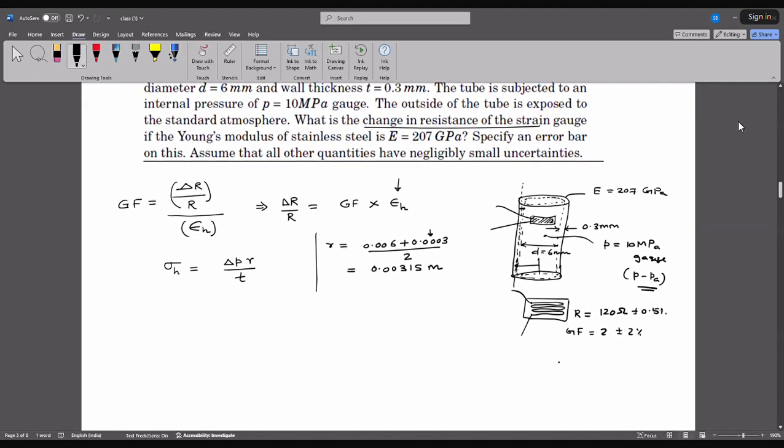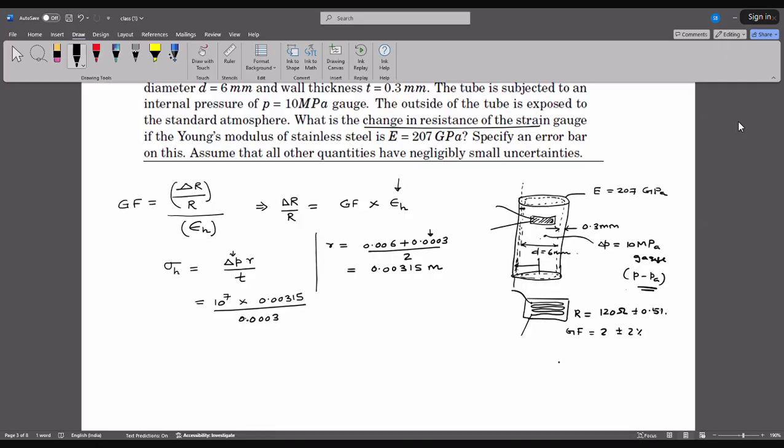Now you know the delta P. This is basically the delta P because it is gauge pressure. So that much, 10 megapascal, is the pressure difference between inside and outside. That is 10 into 10 to the power 6, that is 10 to the power 7 pascal, times 0.00315, divided by thickness 0.3 millimeter, that is 0.0003.